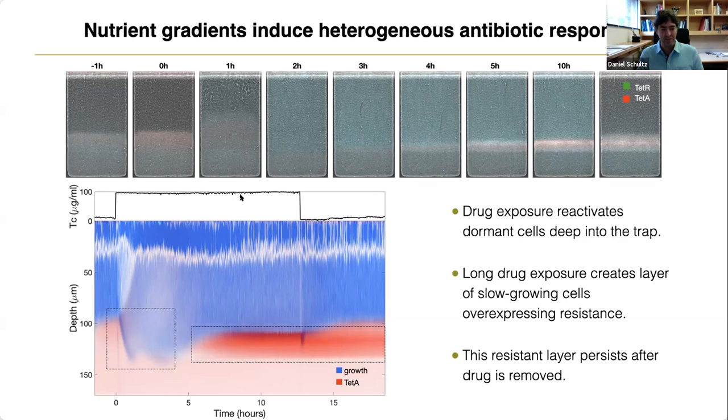This is the drug here, the period of drug exposure, and the creation of this layer of dormant resistant cells. So this is a pretty clever mechanism of collective resistance that we see from this environmental variation.